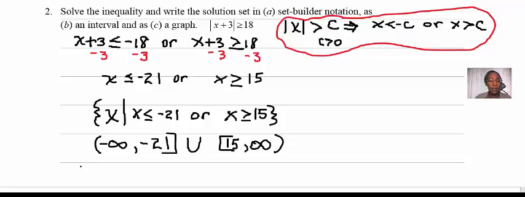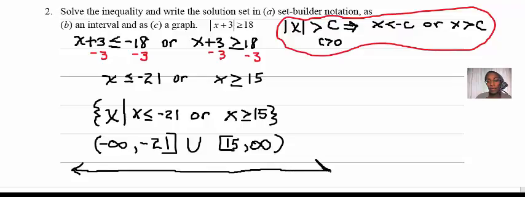And then finally, I want to give this as a graph. So I start off by writing a number line, and a bracket or a closed circle can be above negative 21.